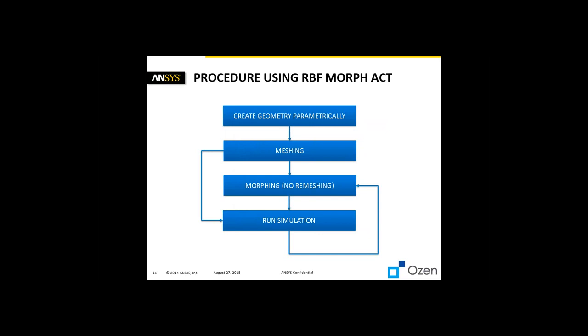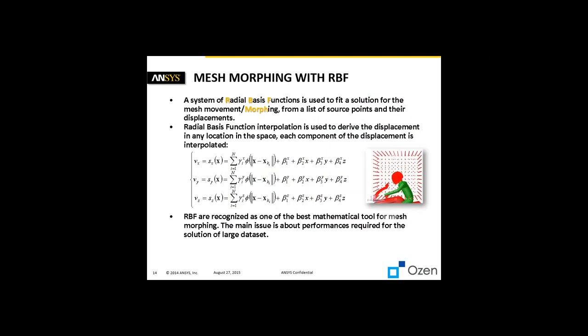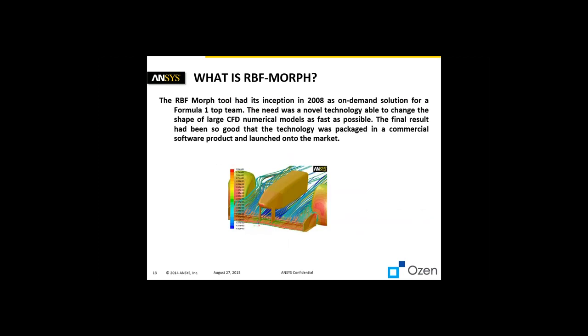We will just take the current mesh and morph that mesh, meaning that we'll pick the nodes and use the same technology that's being used in CFD. This morph meshing, RBF morph, originated in Fluent.